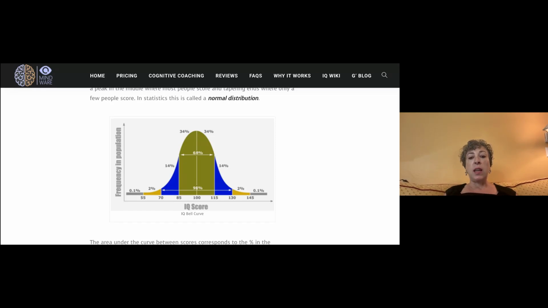Now, 96% of the population falls within two standard deviations of the mean. So between 70 and 85, we would consider kind of low average intelligence. And then above 115 to 130, we would consider that high intelligence.